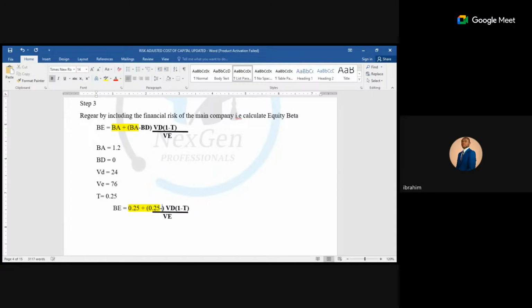So the value of debt is 24, times 1 minus the tax rate, which is 25, over the value of equity, 76. Please, what is the equity beta, class? The BA is 1.2, not 0.2. Okay, thank you.